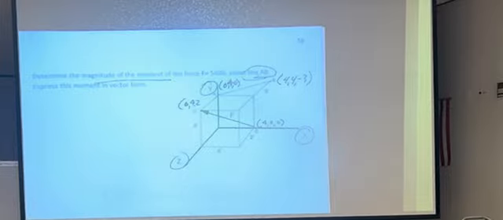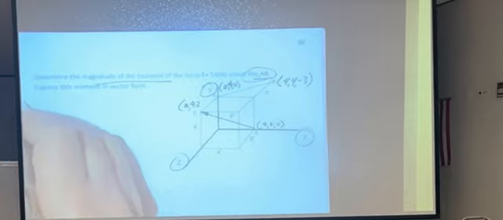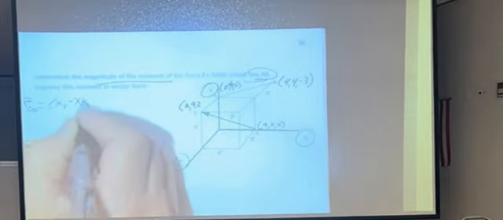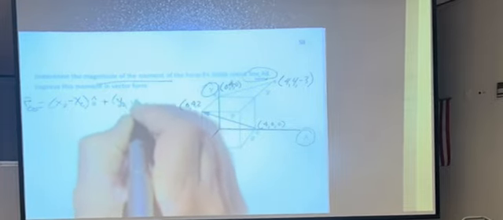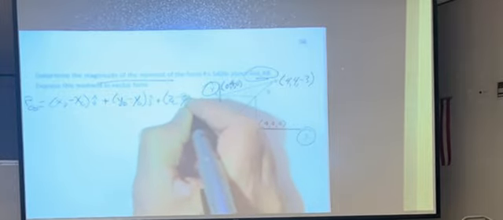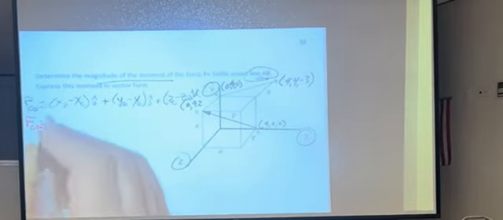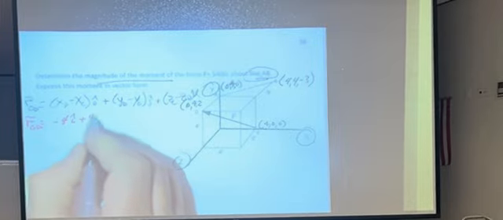First, let's do chapter 2 to get the IJK of FCD. That's going to be RCD is equal to XD minus XC I plus YD minus YC J plus ZD minus ZC K. Our CD vector is 0 minus 4, that's minus 4I. 4 minus 0, that's plus 4J.